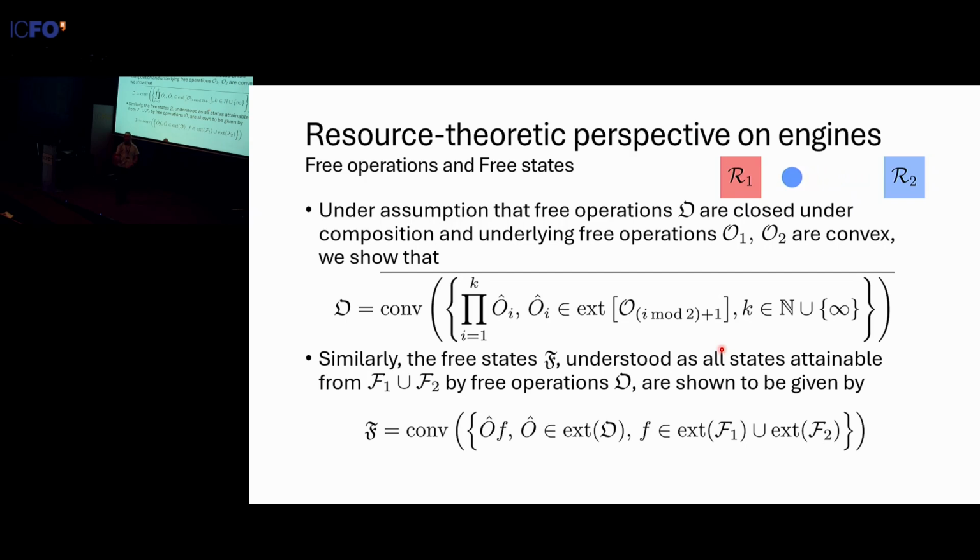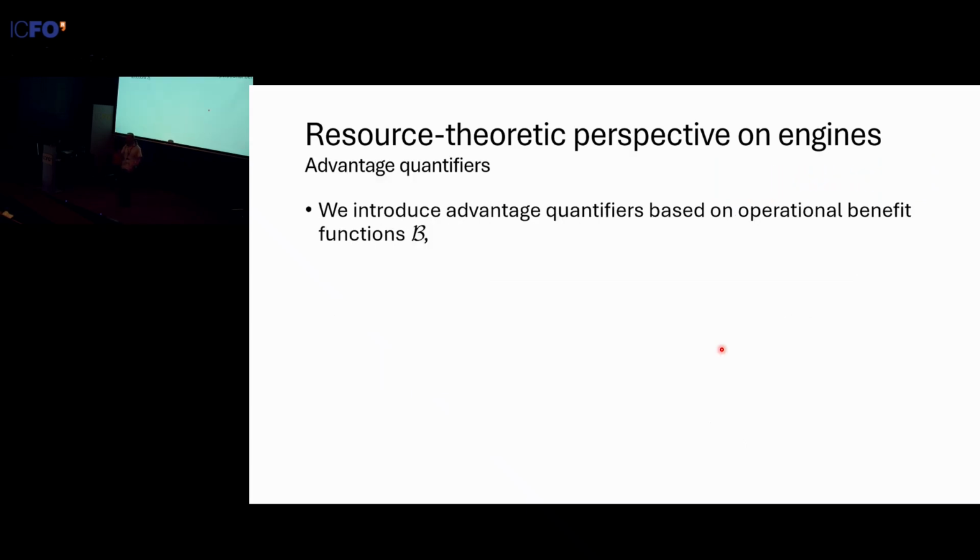With the simple consequence, whenever free states are convex as well, that the full set of free states of the engine is just an image of the extreme points of the free engine operations on the extreme points, not just simply of the free states of the engine, but of the underlying resource theories.